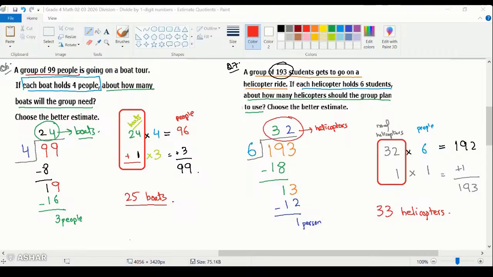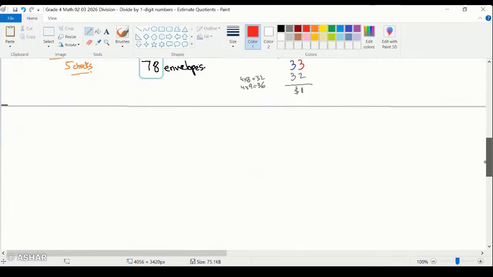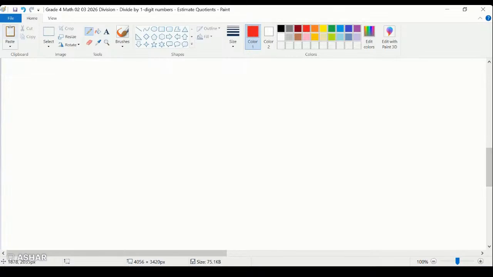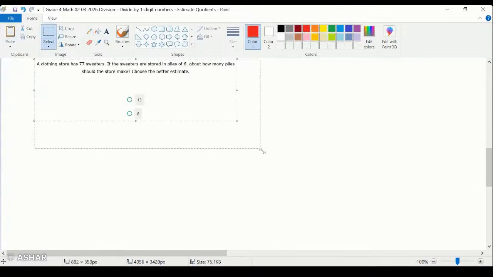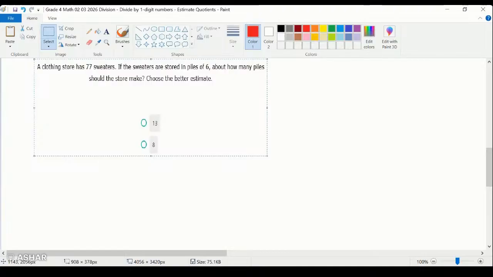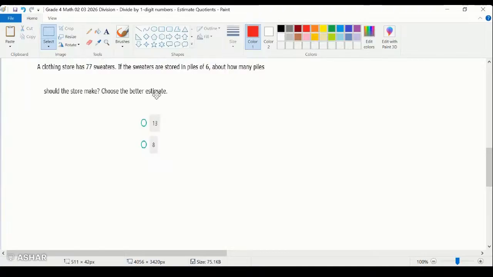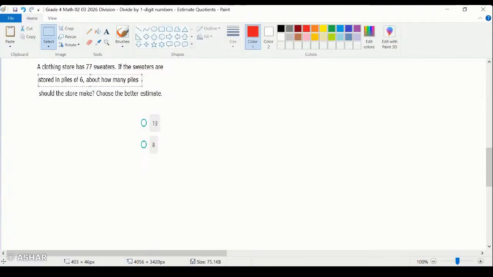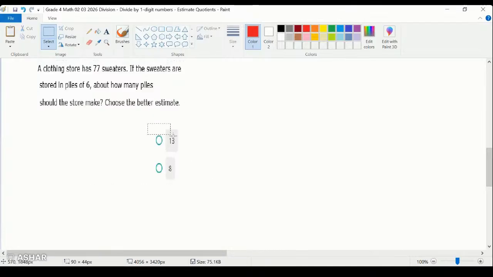A clothing store has 77 sweaters in piles of 6. How many piles do they need to make? This is question number 1 from the test. What should be the answer?